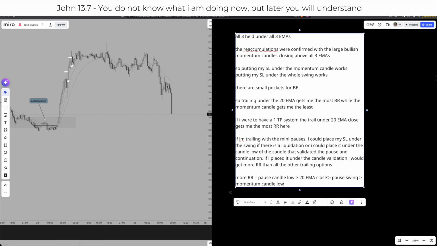Okay, so the 20 EMA close would give me the most RR. The pause candle low would give me the second most. The pause swing would get me the third most, and then the momentum candle low would give me the least.